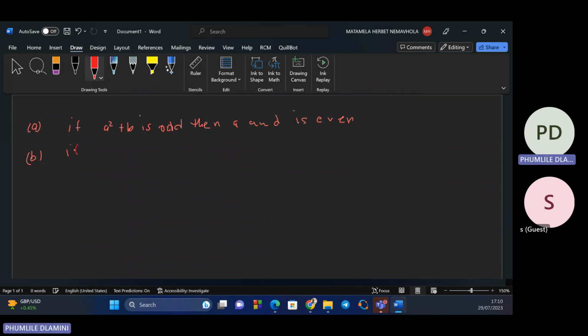It's going to say if A squared plus B is even, then A or B is even.